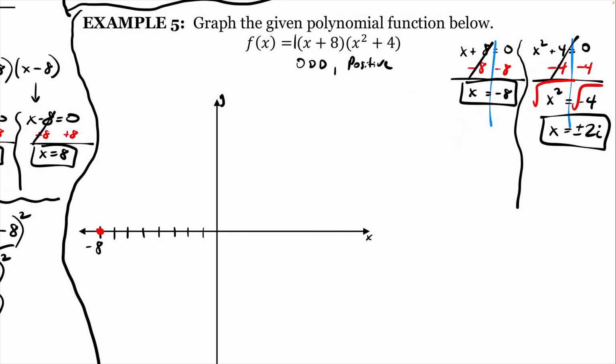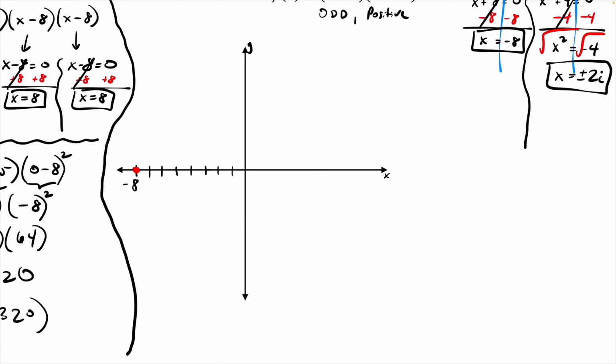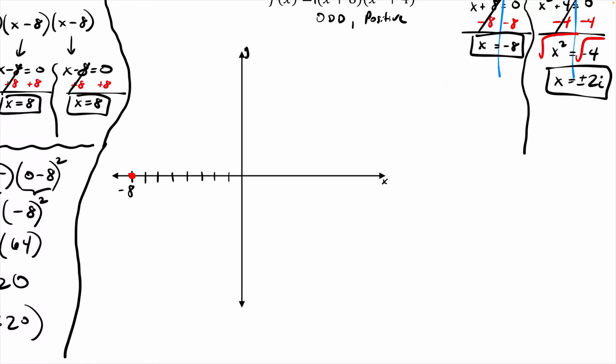Plus or minus 2i. You don't. You don't worry about them. I got one dot. Last step, figure out where this guy's going to go. Well, we already know where he's going to go, right? I know it's odd positive, right? So right arrow is going to go up, left arrow is going to go down. I know I have to pass through that guy.